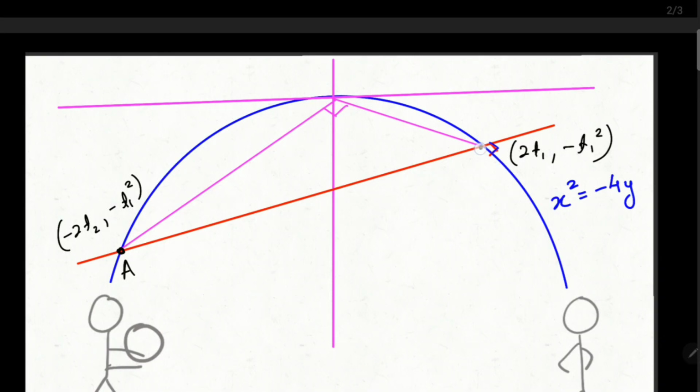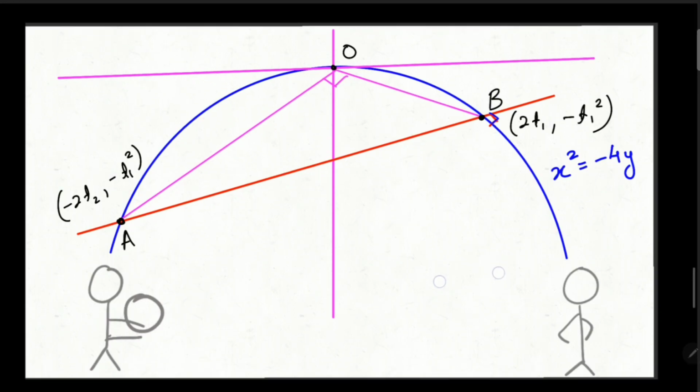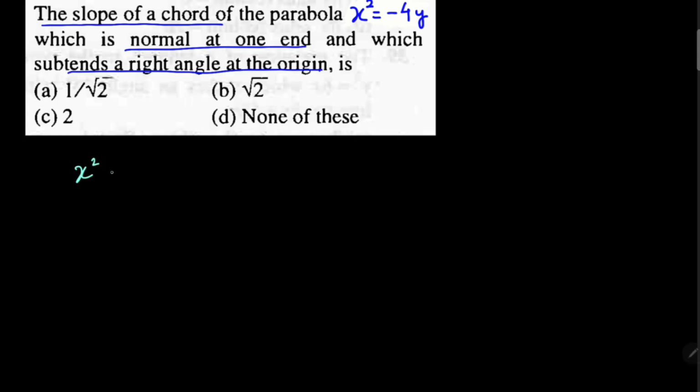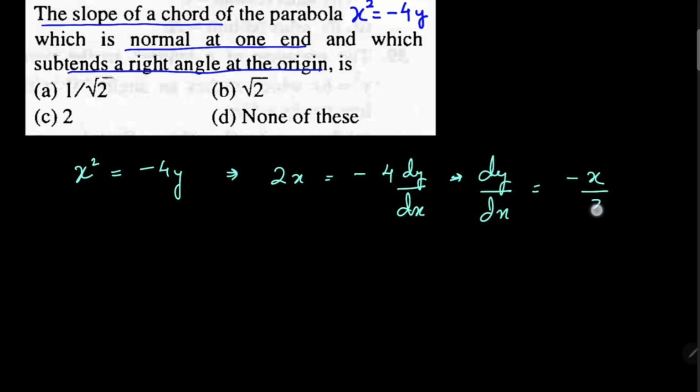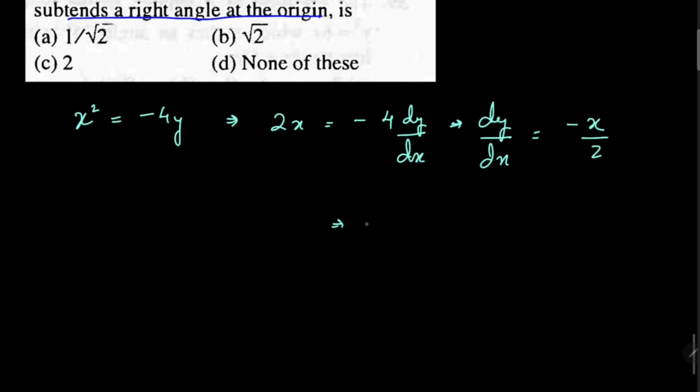Let's name them A and B, and the origin O. Now let's write the equation x square equals minus 4y and differentiate on both sides. Upon differentiating we get that the slope of the tangent is minus x by 2. That means that the slope of normal will be 2 upon x, that's 1 upon t1 according to the coordinates of P.